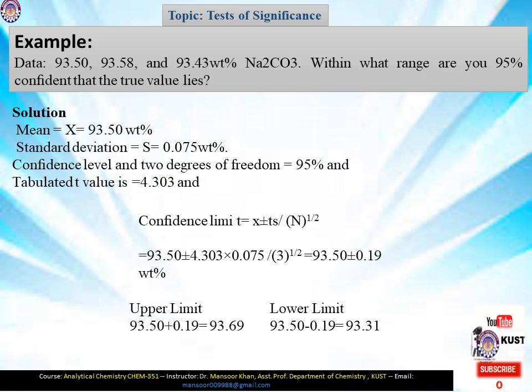This is important for an analytical chemist. These are the 2 limits in which the true value is present, from 93.31 to 93.69%. So the value may be 93.69%, it may be 93.68%, so there are unlimited numbers present between 93.31 and 93.69%.